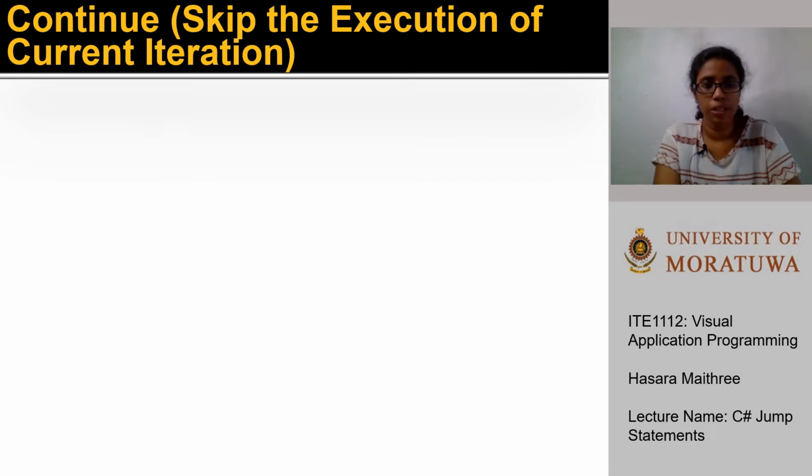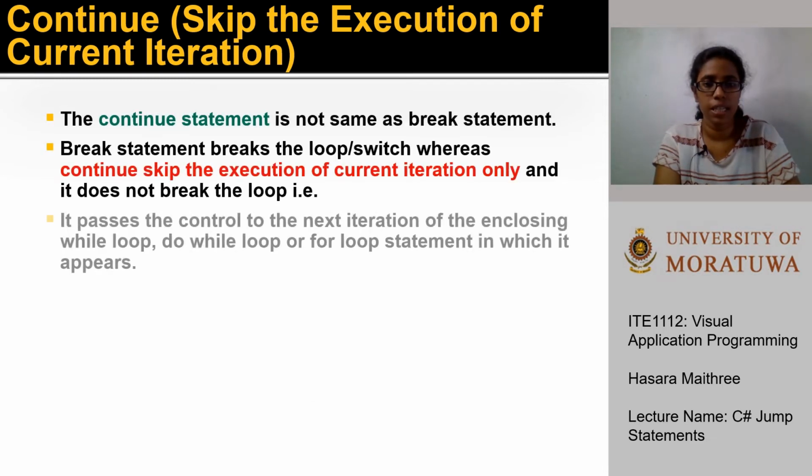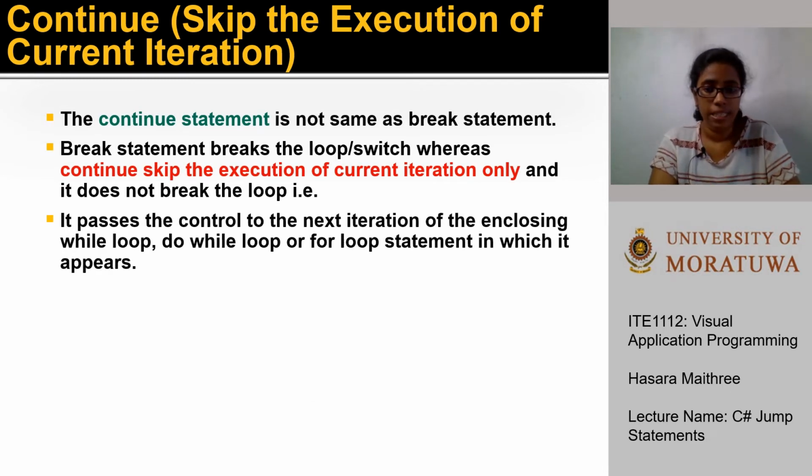Now let's look into the second jump statement, the continue statement. And this is quite different from the break statement. As you remember, the break statement terminates the whole loop. But in a continue statement, whenever the condition for the continue statement is true, it skips the execution of only the current iteration.